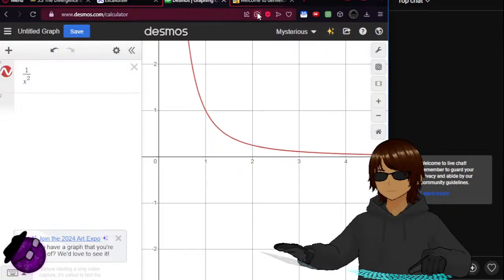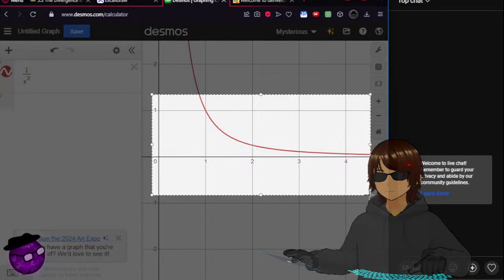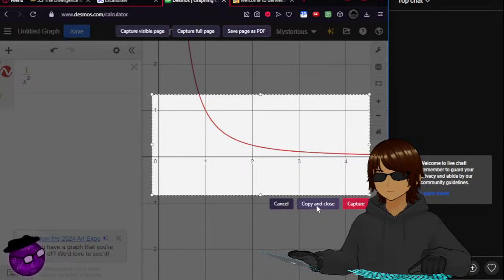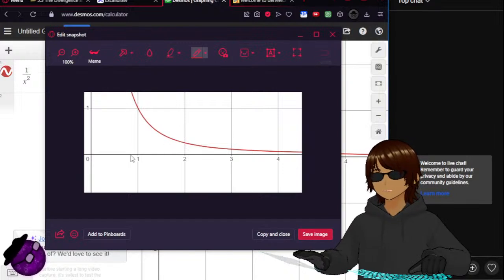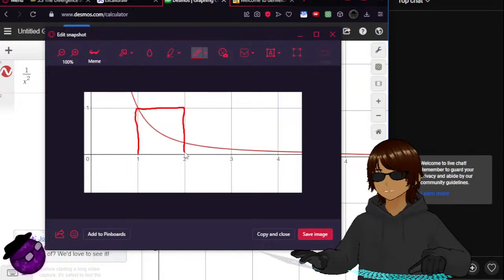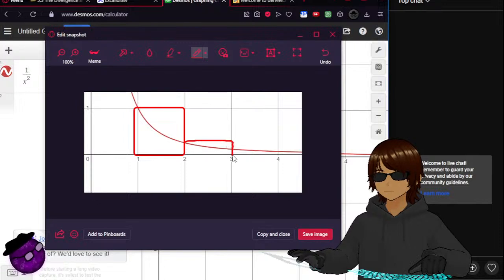One over n square. So this area is 1 times 1. This area is 1 times half.